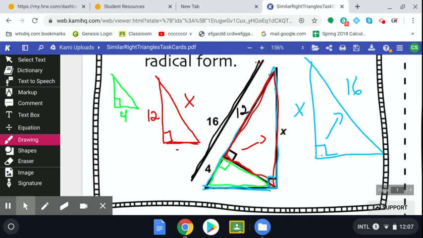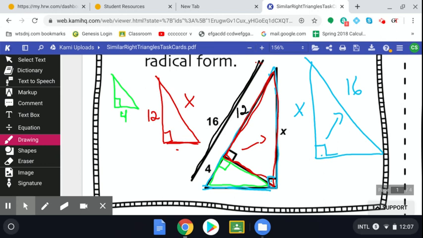So now they want me to find x. There's not much in the green triangle that will help me find that. But if you look at the red triangle and the blue triangle, there is either a number or a variable for the longer leg and the hypotenuse. So now I am going to set up the proportion.